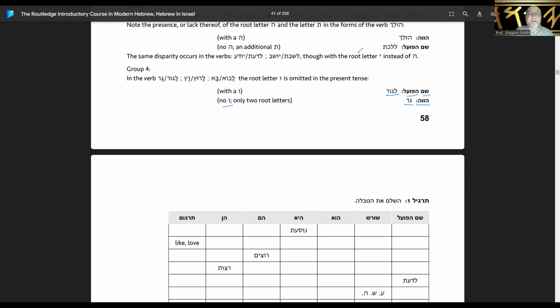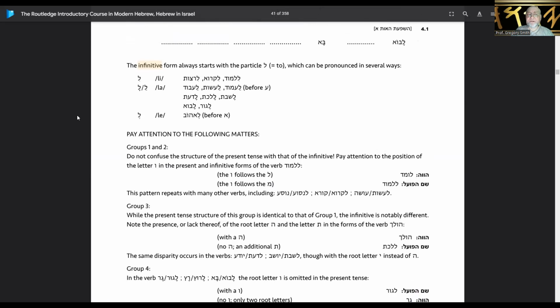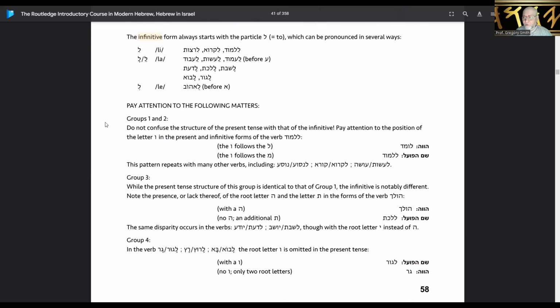Basically, the whole point of this section here on the infinitive form is to show you to look for variations in patterns. A lot of times it's the guttural letters that determine if a pattern is going to be altered in some way, and so it's important to be aware of those guttural letters.